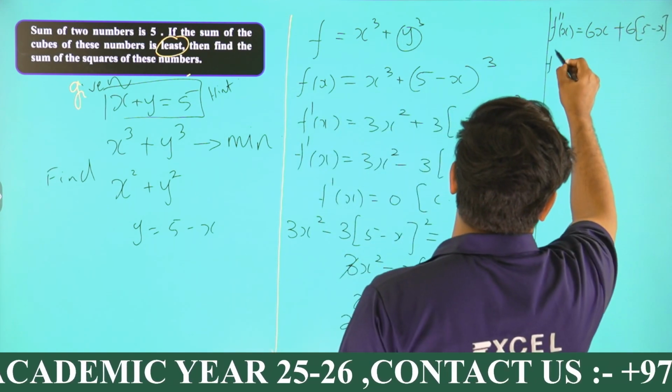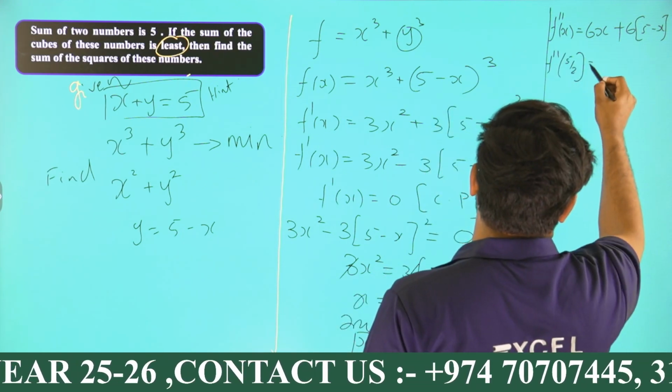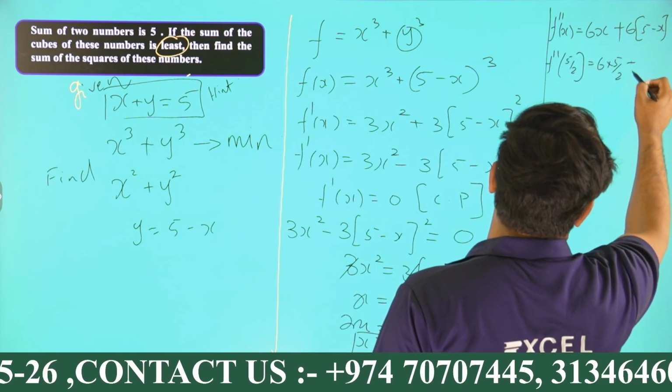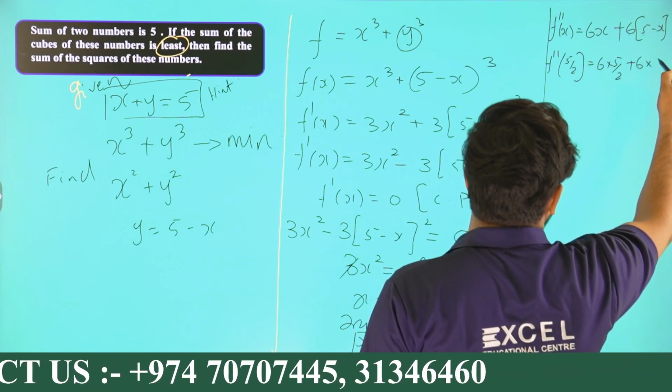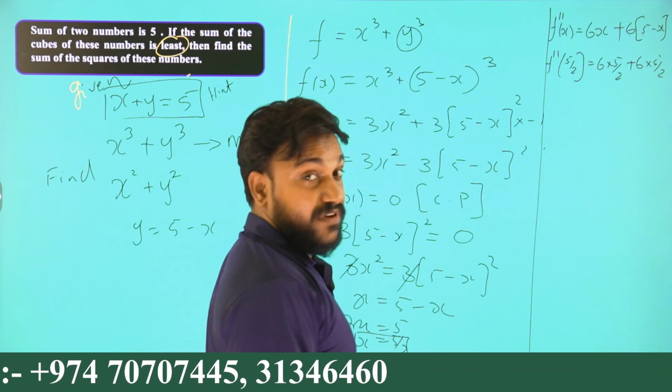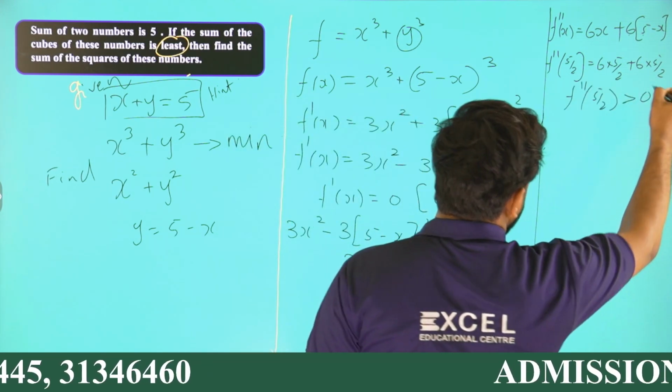So I'm going to put your critical point in it. Second derivative at 5 by 2 will be 6 into 5 by 2 plus 6 into 5 minus 5 by 2. What is 5 minus 5 by 2? It's 5 by 2. So it's 2 times 6 into 5 by 2. It's definitely greater than 0. f double dash of 5 by 2 is greater than 0.